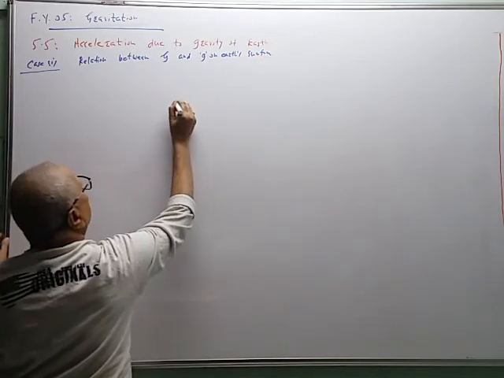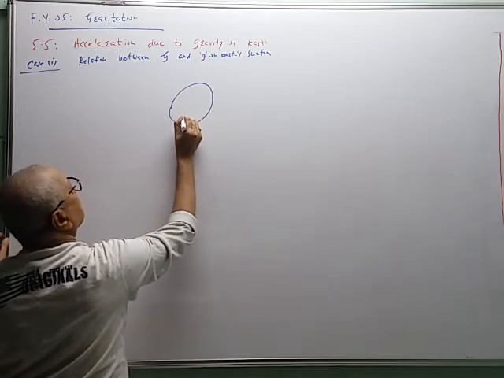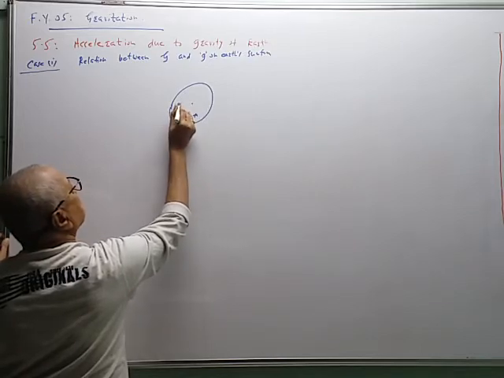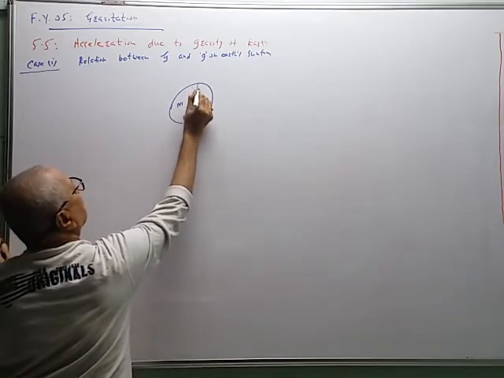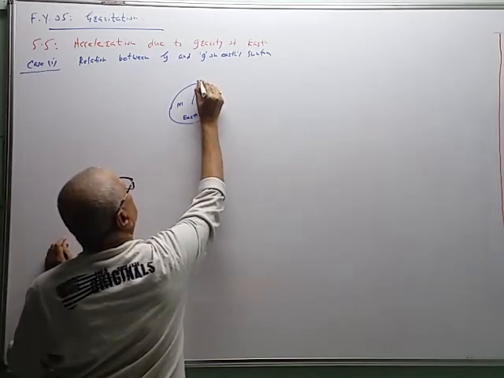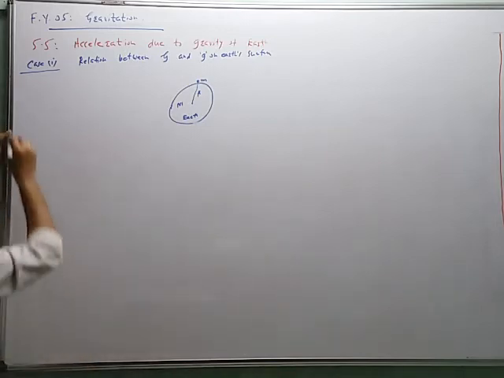So if this is the planet Earth, its center is this, M is its mass, R is the radius of the Earth, and now a point mass m is kept on the surface of the Earth.